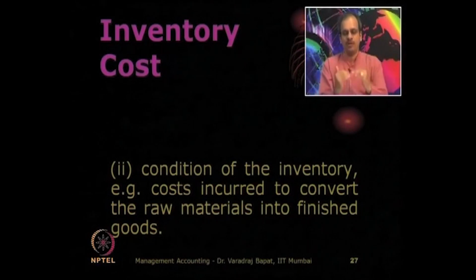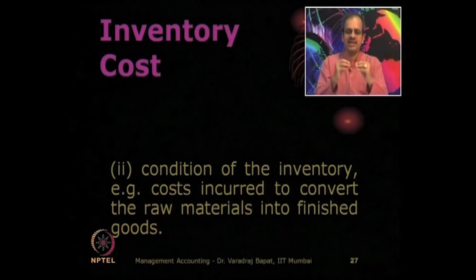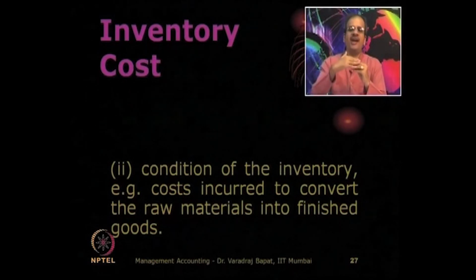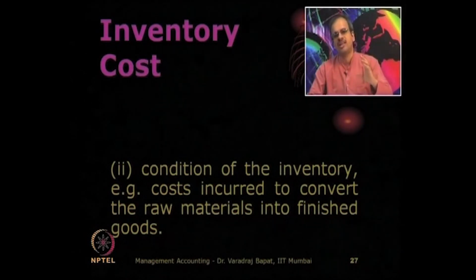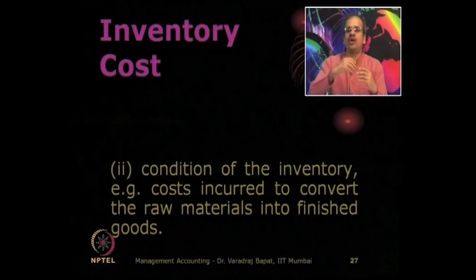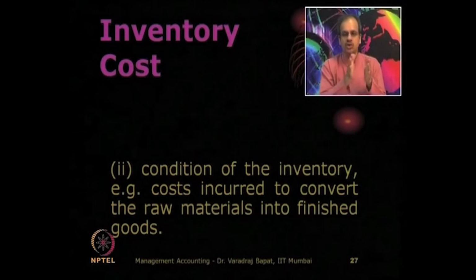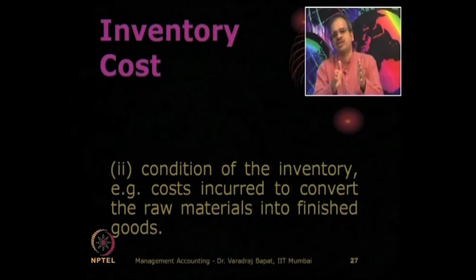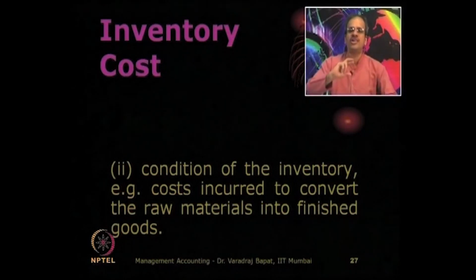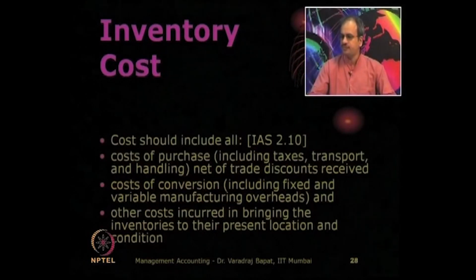So, let us say I have purchased the raw material at 4,000 and I have paid 500 for freight. So, the cost of raw material was 4,500. I have incurred 10,000 on it to convert it into finished goods. So, 4,500 plus 10,000, the cost of finished goods inventory will become 14,500.